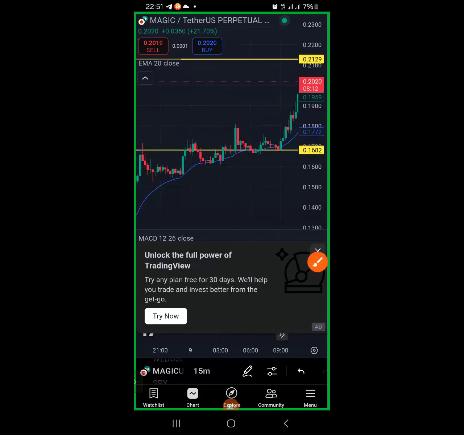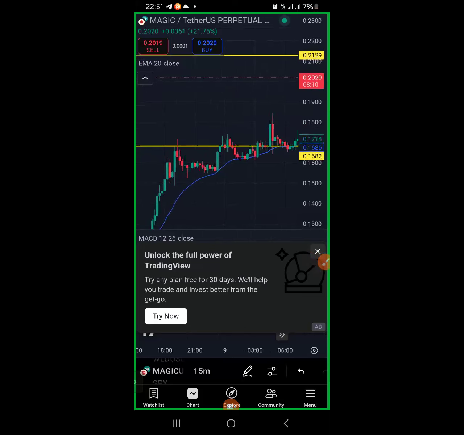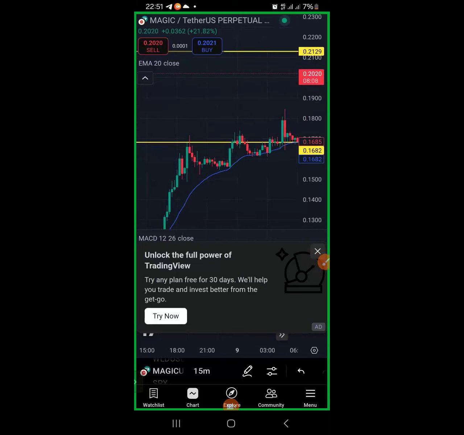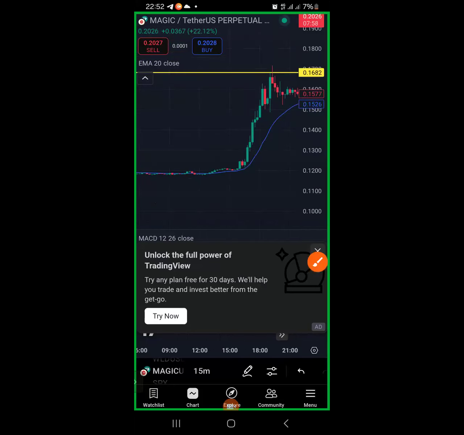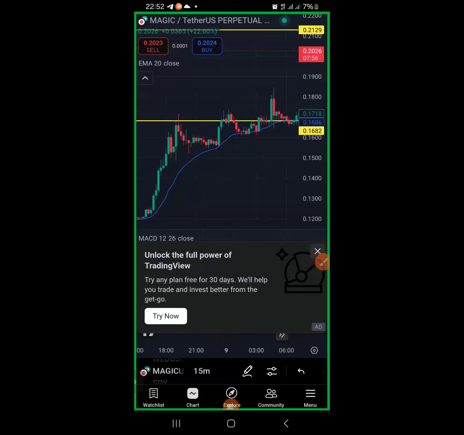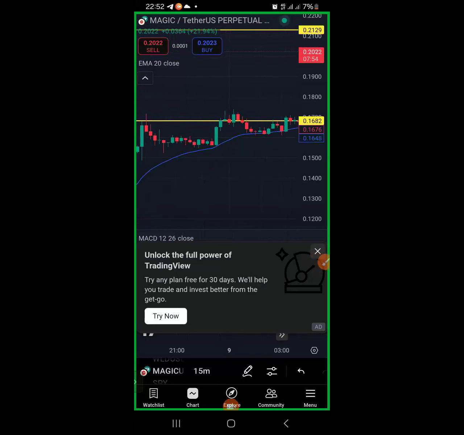You can identify some patterns here. Which pattern can I identify next? This is also a bullish engulfing bar. There are very many patterns here. We have a doji here.